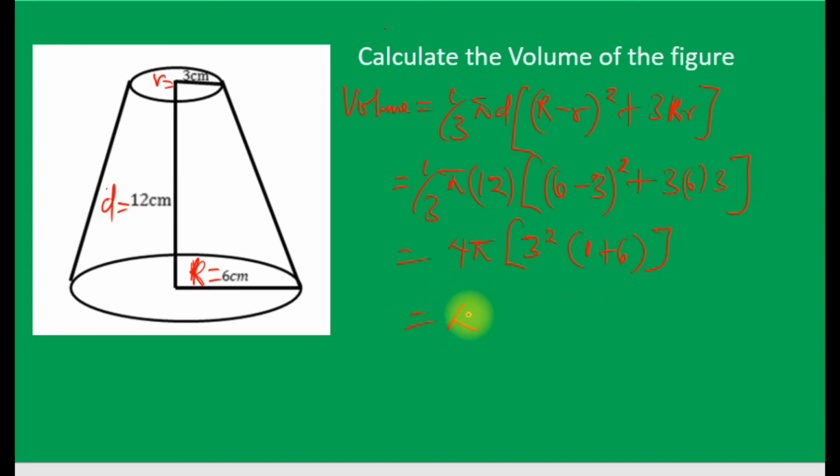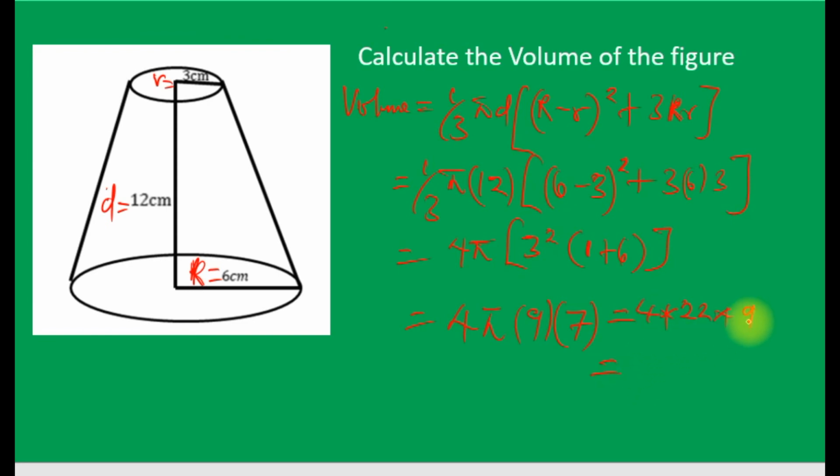So which is 4 pi times 9 times 7. And we know that pi is 22 over 7, so we can write it as 4 times 22 times 9, because 22 over 7, the 7 cancels that.